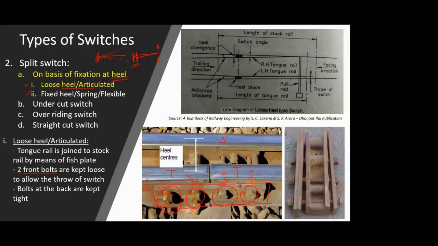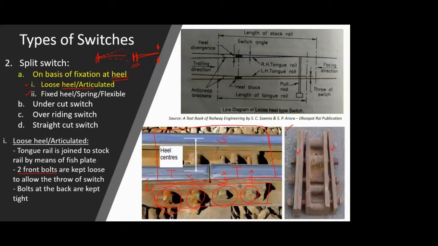And if you see the extreme right side figure, I have just shown the typical cut section. The photo shows only this section that I am highlighting with this square. You can see here, this is the tongue rail, this is the stock rail, and these are the fish plates, the ones I am putting a tick mark on.